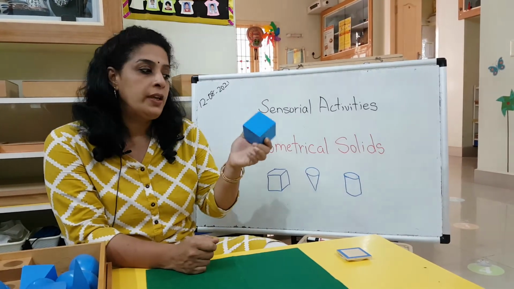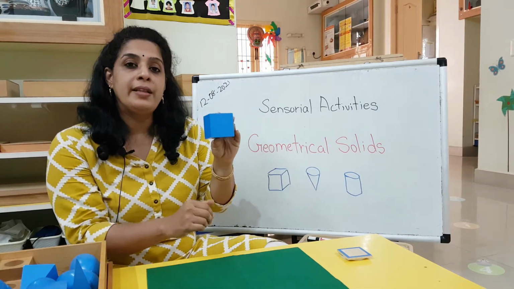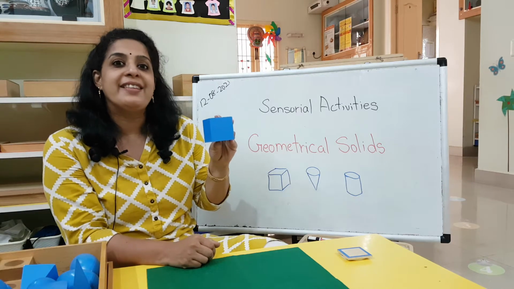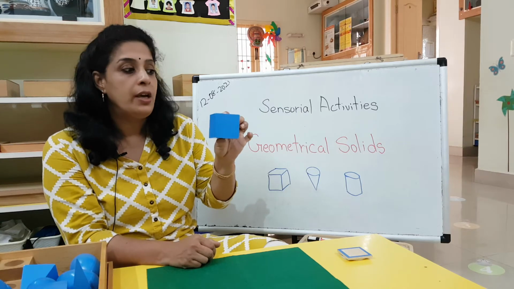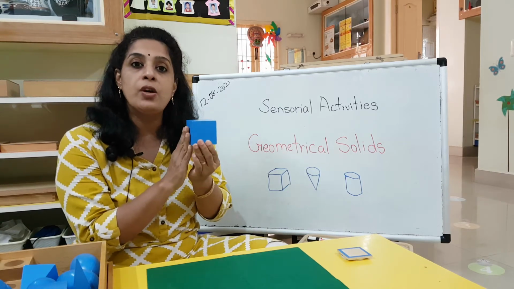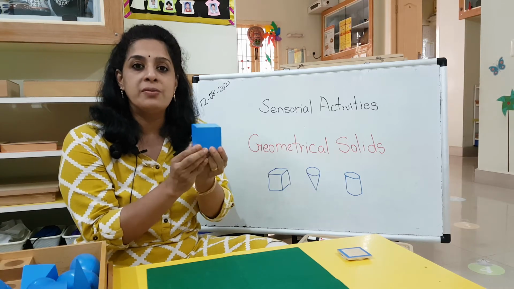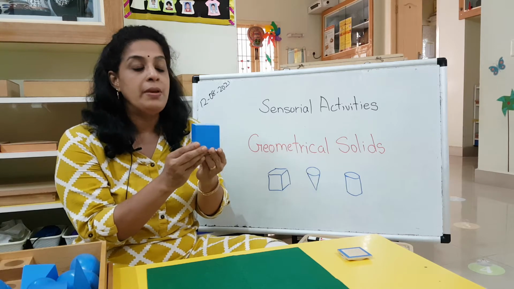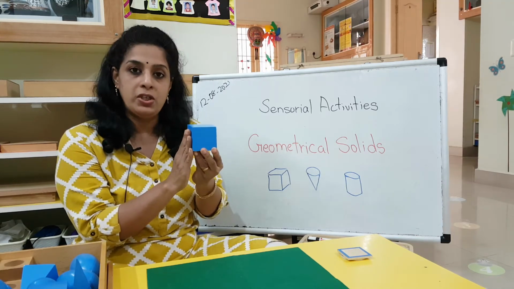Where else would you have seen cubes like this, which have square on all sides? In your building blocks, sometimes when you're playing building blocks, you might find them. You might also find some containers or boxes in your house which are in this shape. Some Amazon boxes which come home, paper boxes, cardboard boxes, or maybe some plastic containers which are in this shape.